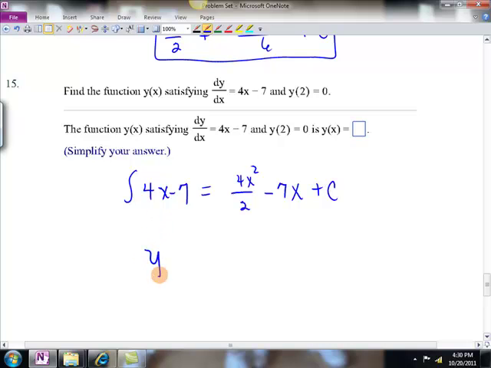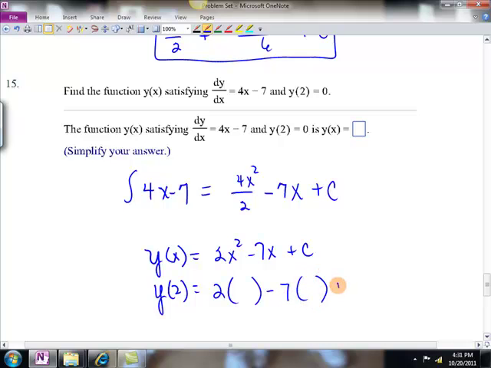So that means y of x equals 2x squared, I'm just reducing, minus 7x plus c. Well, they told us y of 2 was 0. Y of 2 means you got to plug in 2.